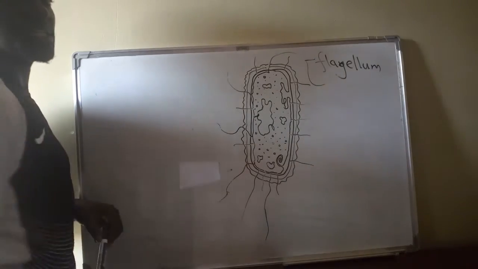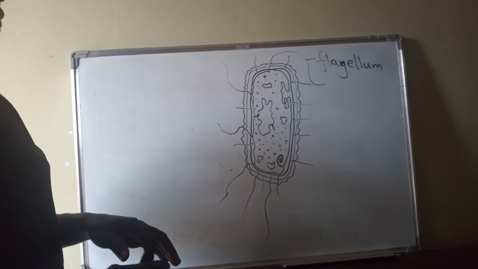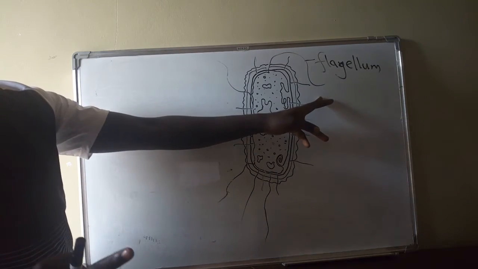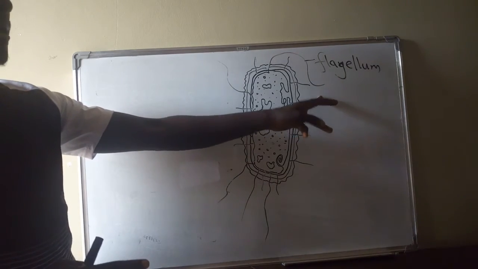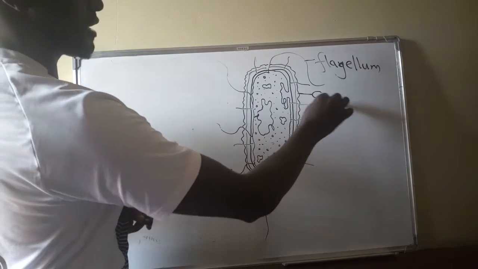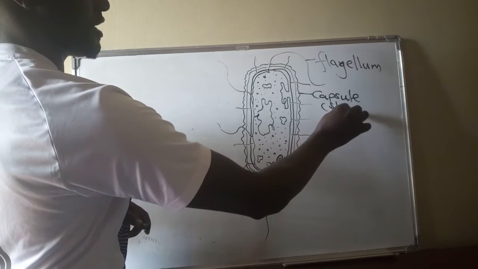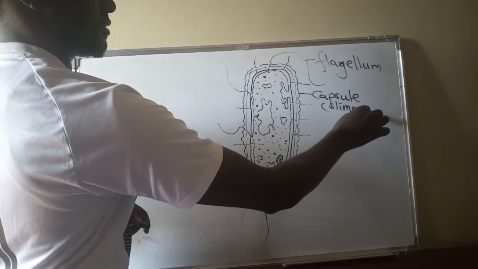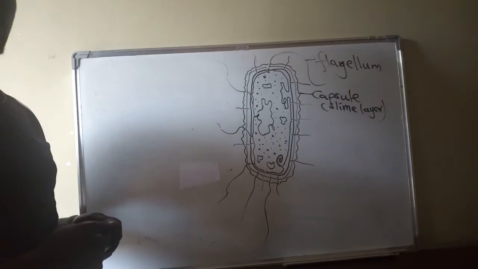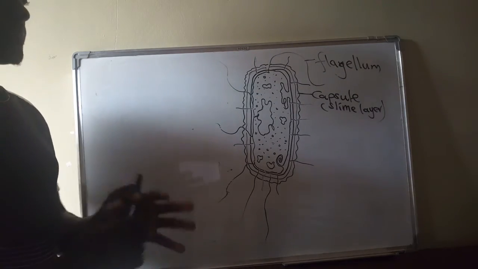Others are uniflagellated, others are diflagellated, so the forms are many. However, bacteria that cause disease, found as parasites within different organisms, may not have flagella. Then some bacteria are covered by a tough capsule outside, which is a slime layer. That slime layer enables bacteria to survive harsh conditions and also stick together within colonies.